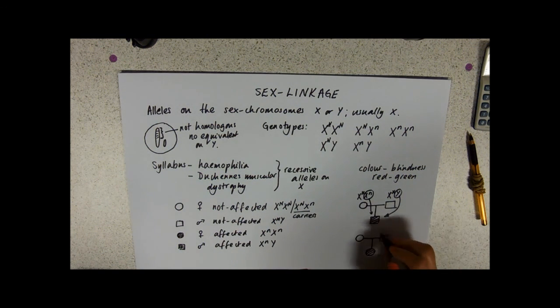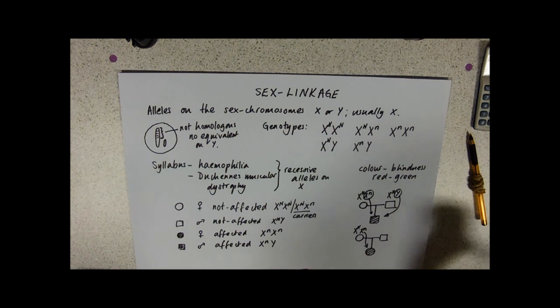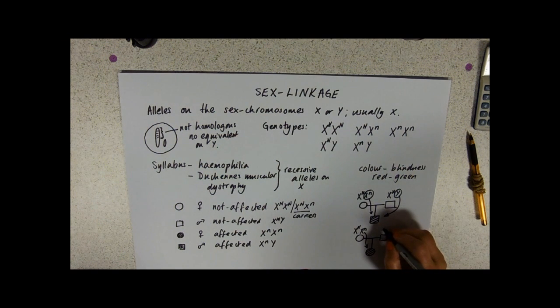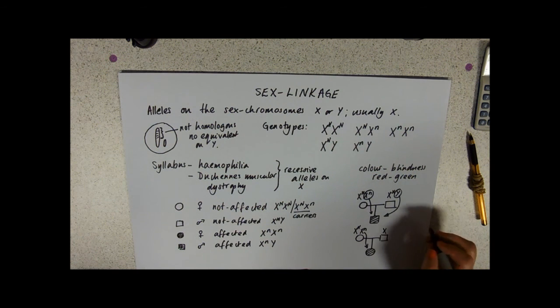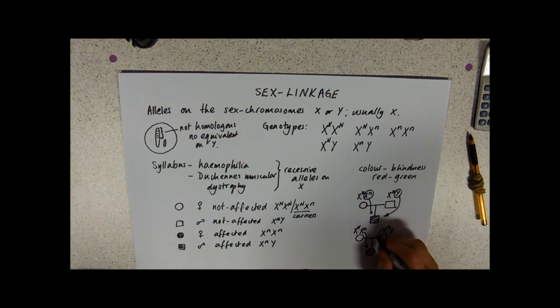then sure, they could have inherited, just like the boy, that small one from their mother, but of course what all girls get from their dads is an X chromosome, so any affected female would have to get the affected one from her dad as well, which would mean he would have to be affected by whatever it is, colour blindness.